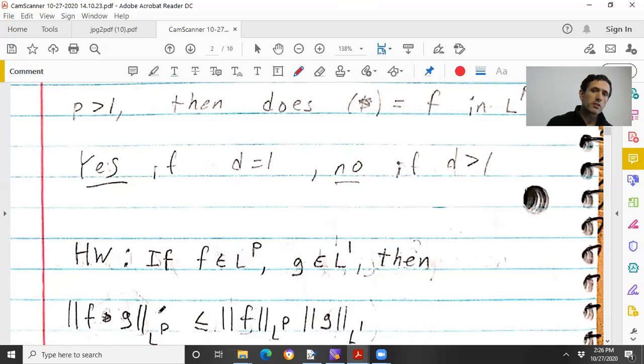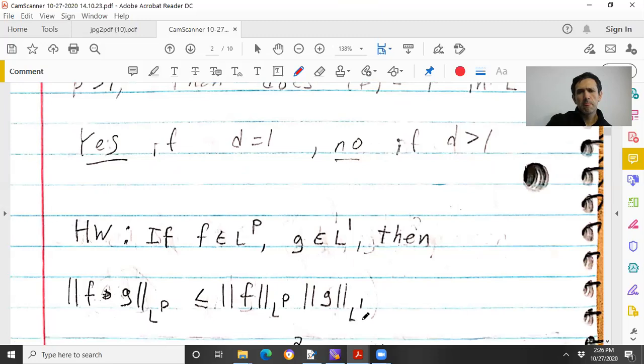This is called Young's convolution inequality: if f is in L^p, g is in L^1, and here we're in any dimension, then the convolution is in L^p, and the L^p norm is less than or equal to the L^p norm of f times the L^1 norm of g.